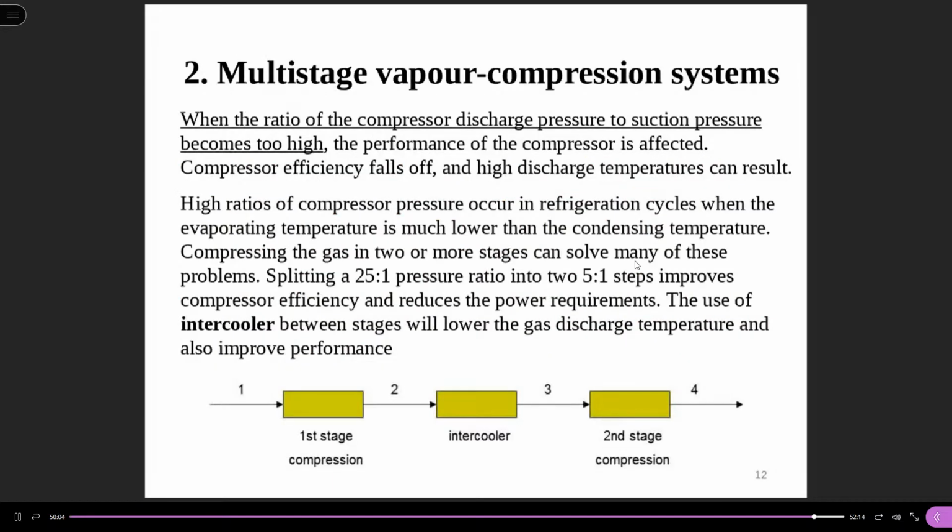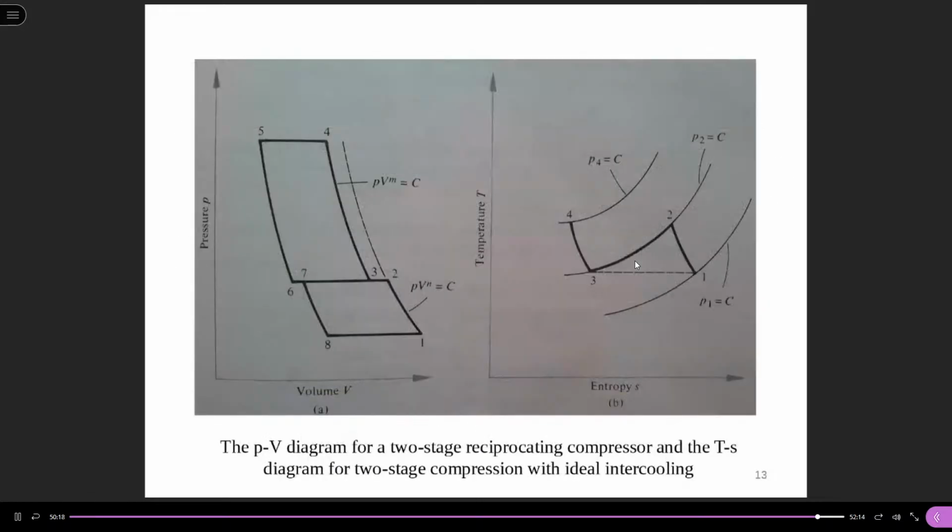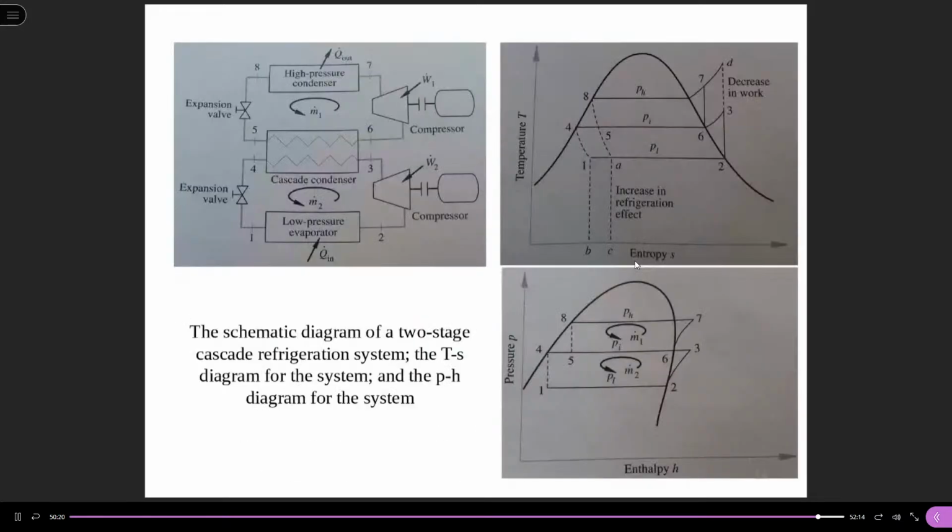However, if the compression ratio is higher, which means the evaporating temperature is much lower, then we need to split one single compressor into compressors. They can be connected in series or in parallel. We mainly introduce the parallel arrangement.